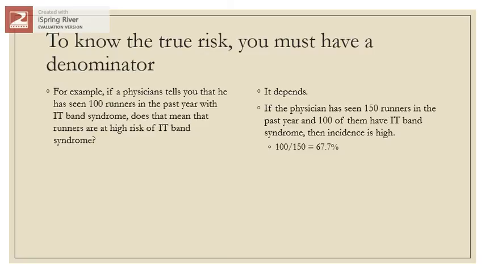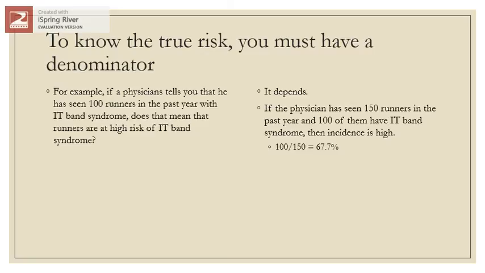This example in the bullet point on the left gives us a numerator, 100 runners. But we don't know 100 runners out of how many. If the physician has seen 150 runners in the past year and 100 of them have IT band syndrome, then yes, that sounds like really, really high risk for runners. 100 over 150 is 68%.